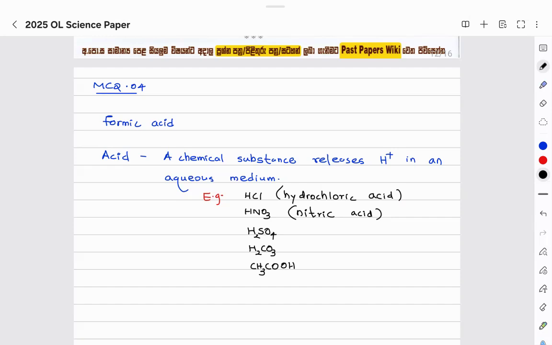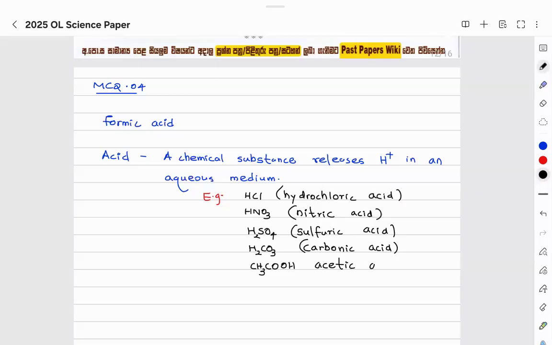Sulfuric acid, right? H2SO4 means sulfuric acid. Then H2CO3 means carbonic acid. What is this CH3C double bond OH? This is considered as acetic acid.